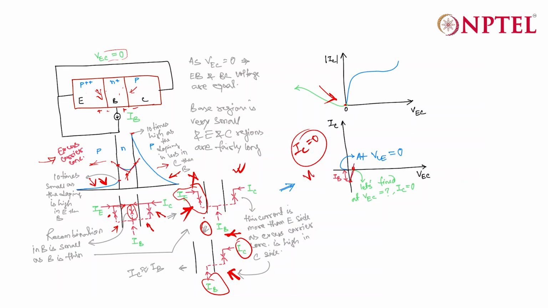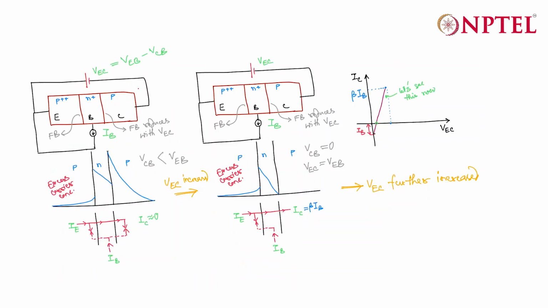Let us find the value of VEC when IC is equal to 0. For that purpose, we added a voltage source between the emitter and collector.